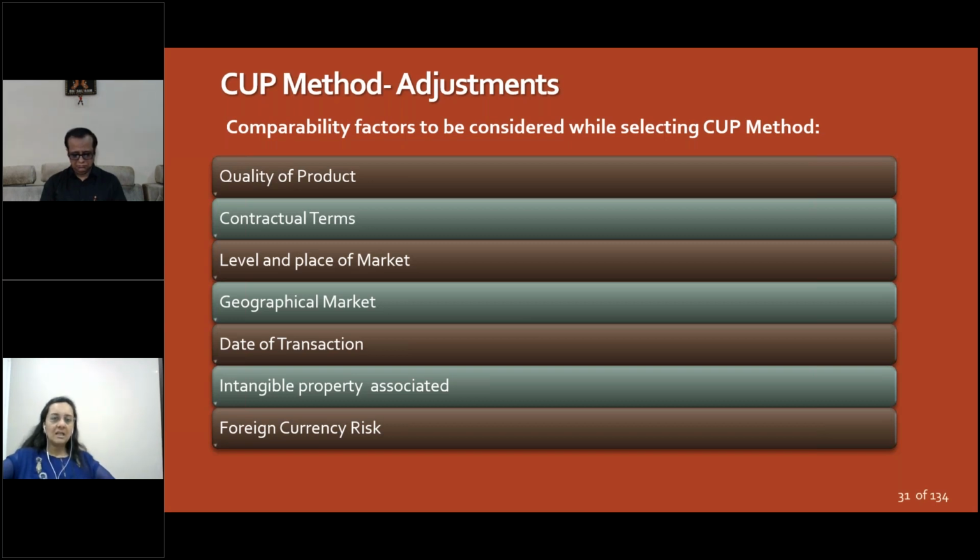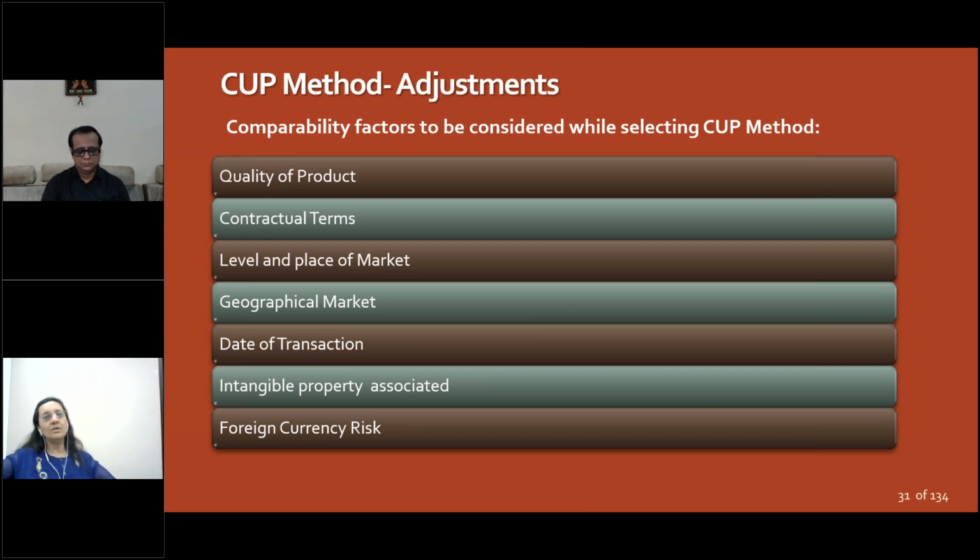In that case, the time in the year when sugarcane is produced and the juice is pulled out, in that time of the year, a lot of ganna, as they say, is available. And so the price may be lower versus a time period where it is not produced and it becomes a rare commodity. In those cases, the date of transaction must be closest to the date of your actual international or SDT transaction, which is your controlled transaction. You cannot compare something which is not in the same time period.